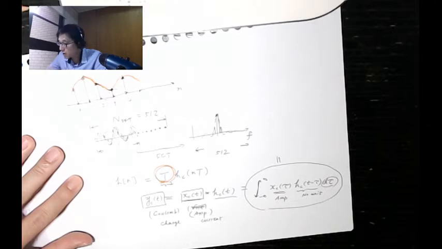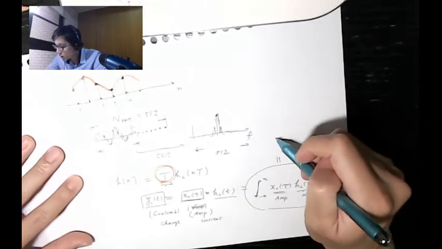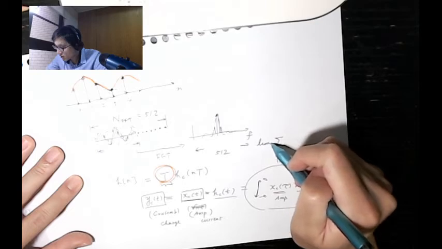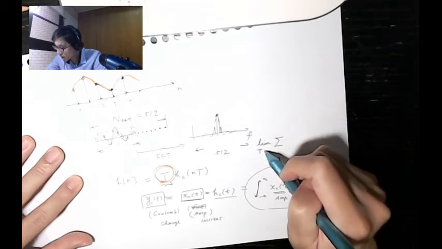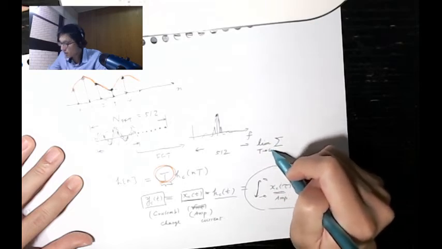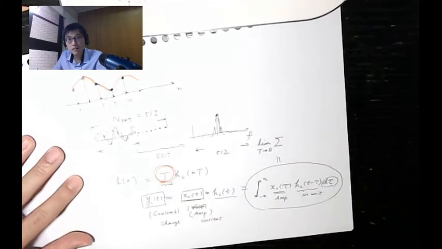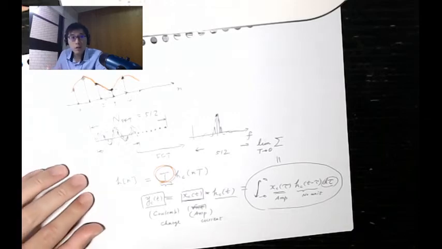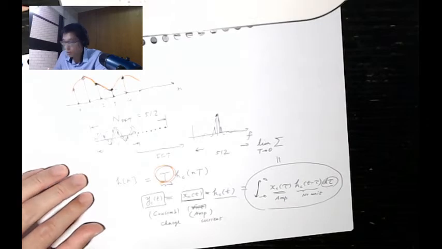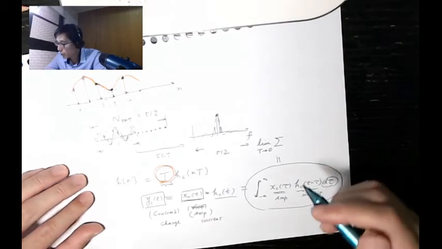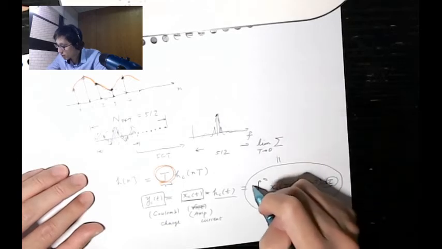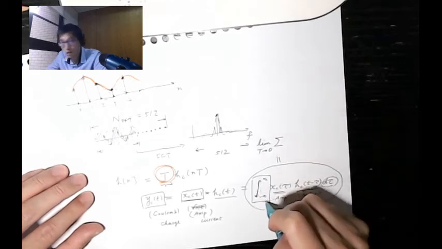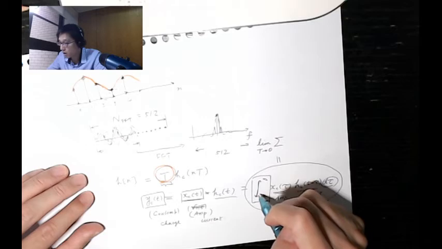A limit of, if we just let this small incremental time difference, we call this T, and let T approach 0, then we are going to realize integration is really a limit of summation.